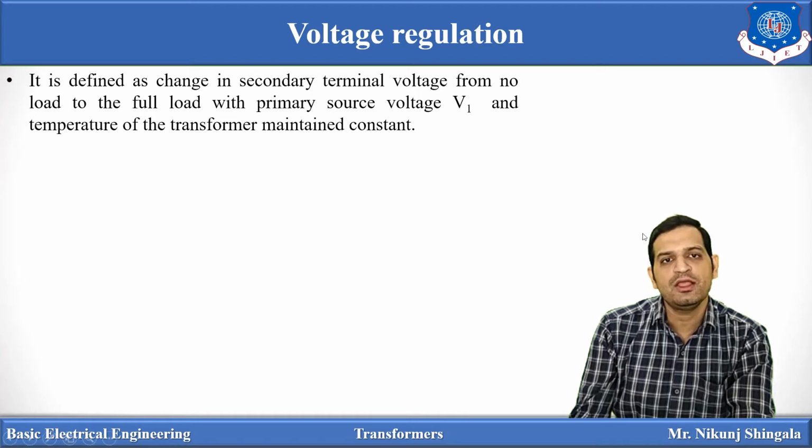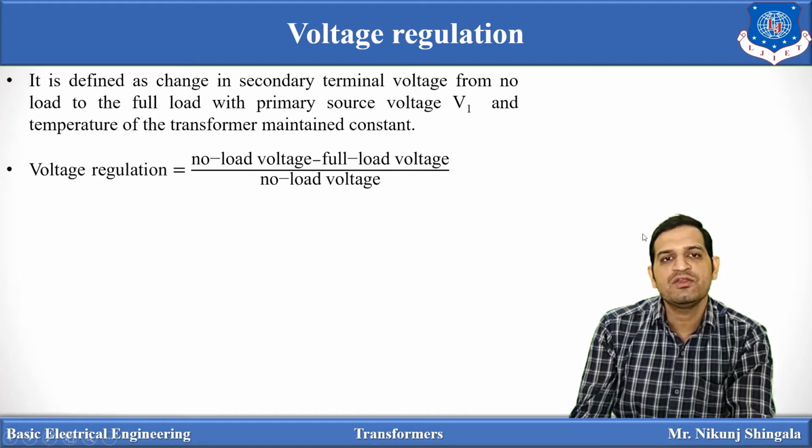That is nothing but the regulation. So voltage regulation is given as a mathematical expression: no load voltage minus full load voltage divided by no load voltage. This is the expression of voltage regulation.